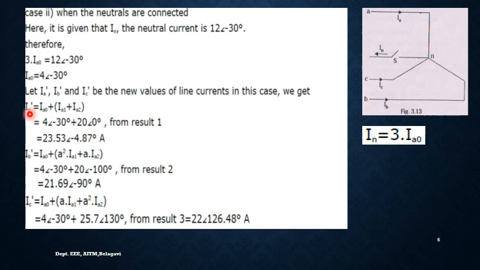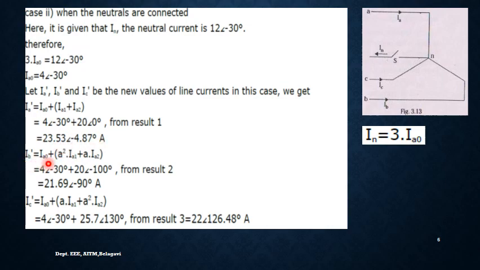To find Ia dash, which is equal to Ia naught plus Ia1 plus Ia2, as we already calculated, the value of Ia1 plus Ia2 was 20 at an angle 0 degree. So we are going to substitute Ia1 plus Ia2 as 20 at an angle 0 degree, and Ia naught is 4 at an angle minus 30 degree. If you simplify it, we are going to get the new line current value as this much.